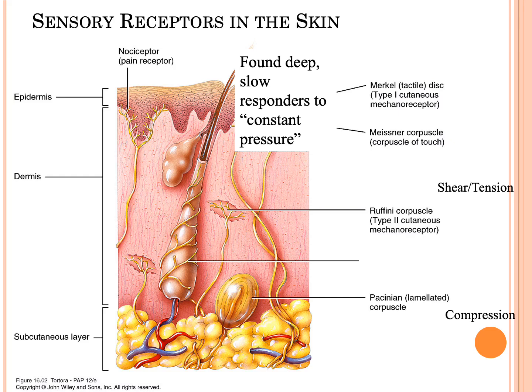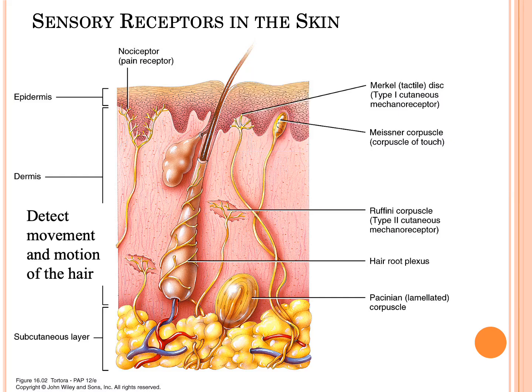The last of the receptors that we need to look at here is what's referred to as the hair root plexus. The hair root plexus is going to detect motion of the hair relative to motion of the epidermis and the dermis. So this is where we can be standing outside and a breeze comes across, and we can detect which direction that breeze is moving without having to look at, say, the trees and the leaves to see which direction they are swaying within the movement of the air.